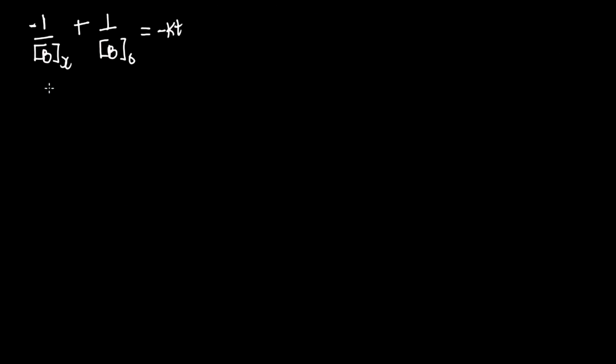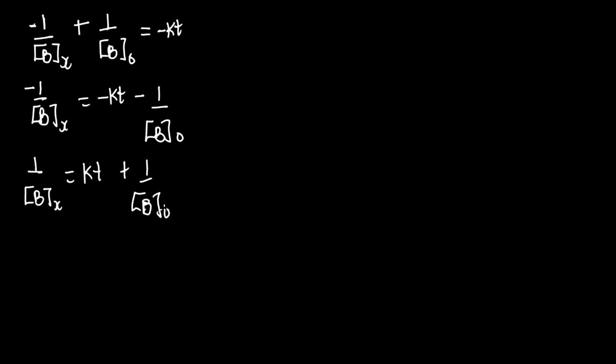So negative 1 over [B]ₓ equals negative kt minus 1 over [B]₀. When we multiply all through, we have 1 over [B]ₓ equals kt plus 1 over [B]₀.